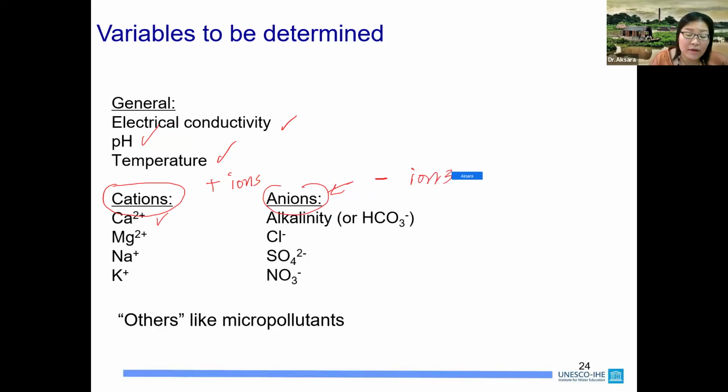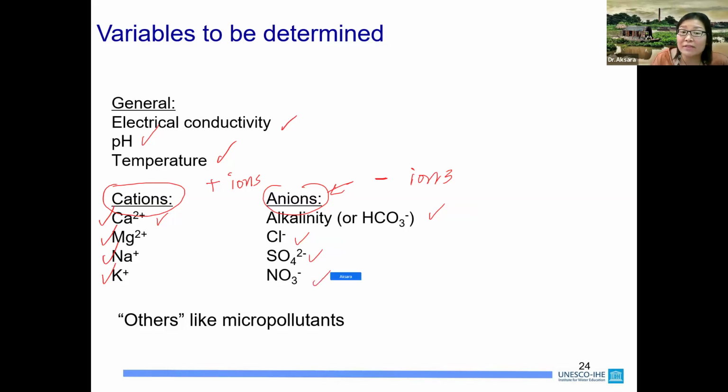So the positive ions that we measure and analyze are calcium (Ca2+), magnesium, sodium, potassium. And for the anions, we measure the alkalinity, which is the HCO3. And we also measure the chloride ion. We also measure the sulfate ion, and also nitrate.